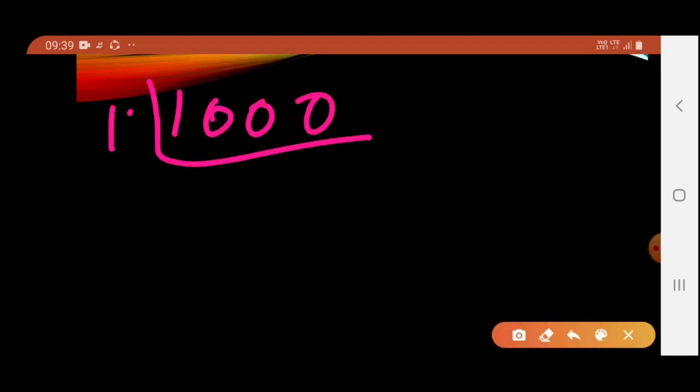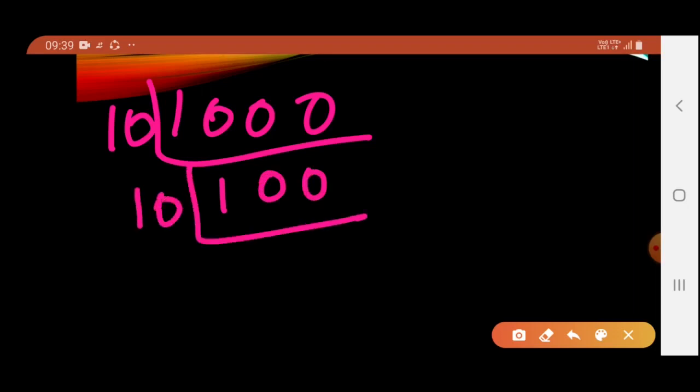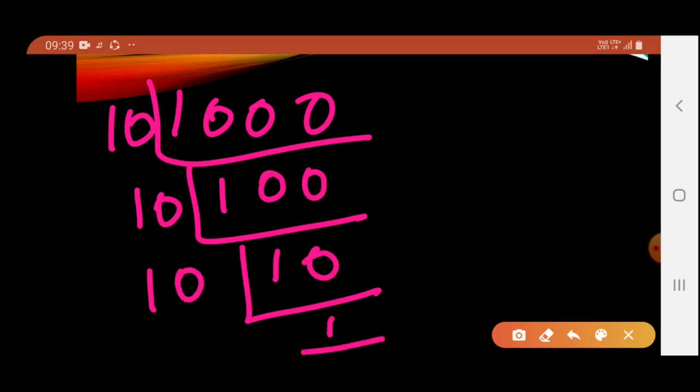Okay, in the same way we can write 1000. How many 10s are there? We have to divide by 10, 1 10s are 10, remaining 2 zeros. Again we have to divide by 10, 1 10s are 10, 10 10s are 100. Again we have to divide by 10, we will get 1. Therefore, 1000 we can write as 10 power 3, that is 10 cube.